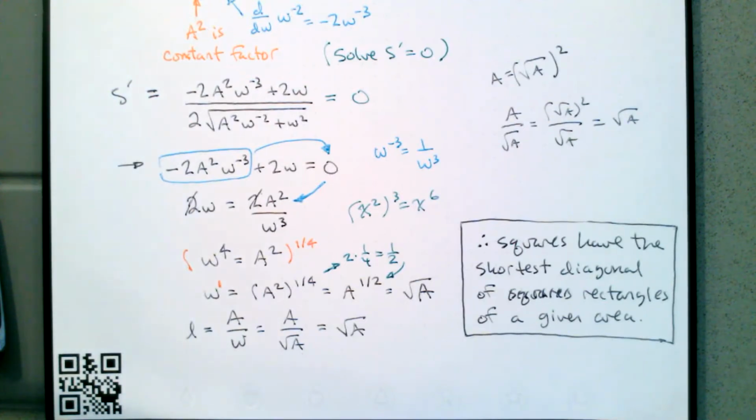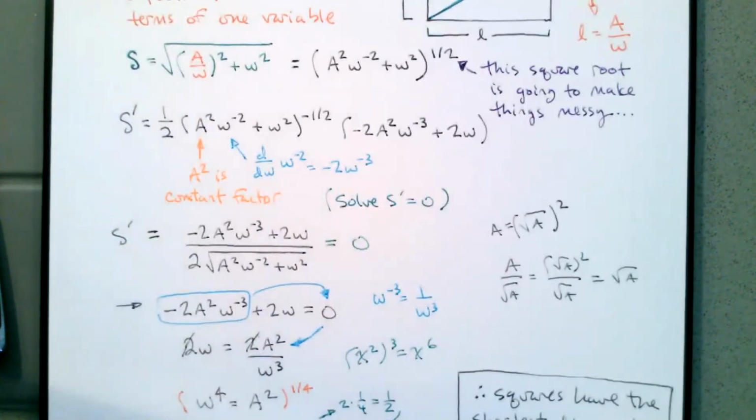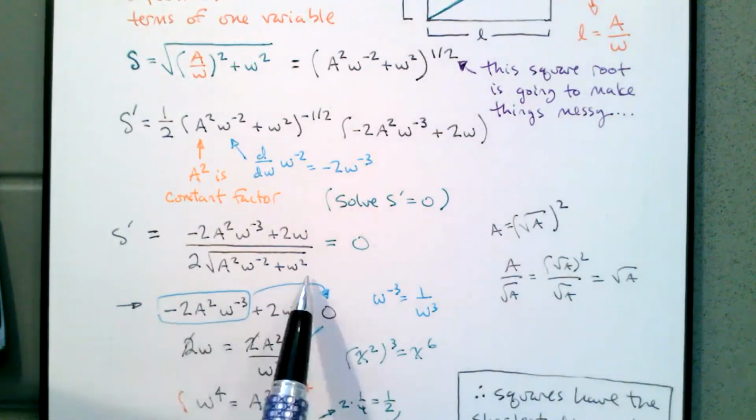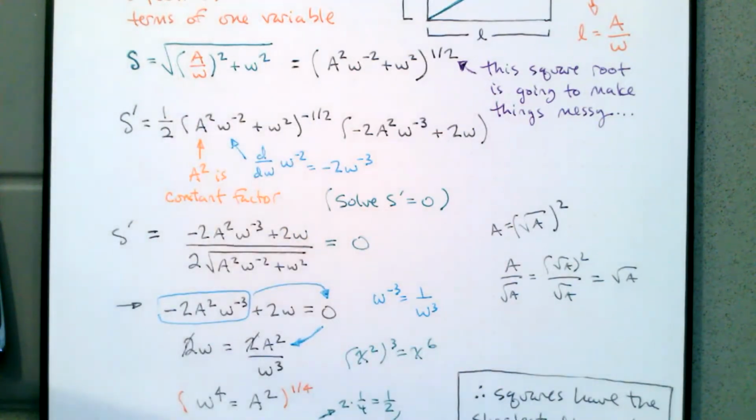All right, so we had to do some talking around this s prime with this radical part, because this square root is going to make things messy. I want the first derivative to equal 0. That means either the numerator is equal to 0 or the denominator is headed off towards infinity. If we look at the denominator, it's just 2 times the length of the diagonal in the first place. So the denominator is just the length of the diagonal.